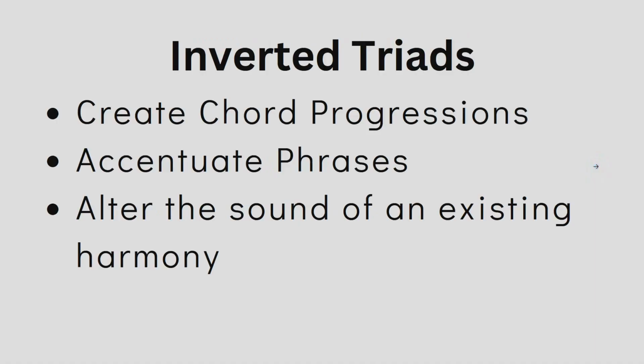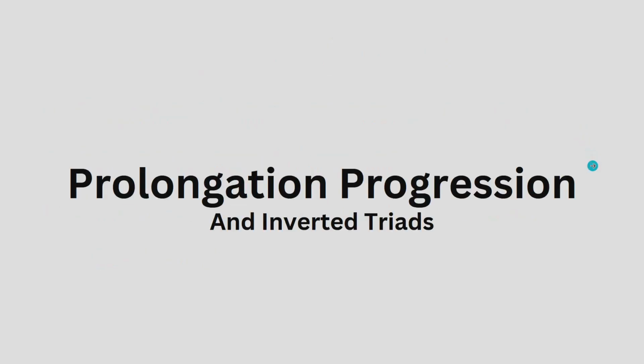So inverted triads could be used to create chord progressions, punctuate phrases, or just change the sound of an existing harmony. Let's talk about how we can use inverted triads in a prolongation progression.